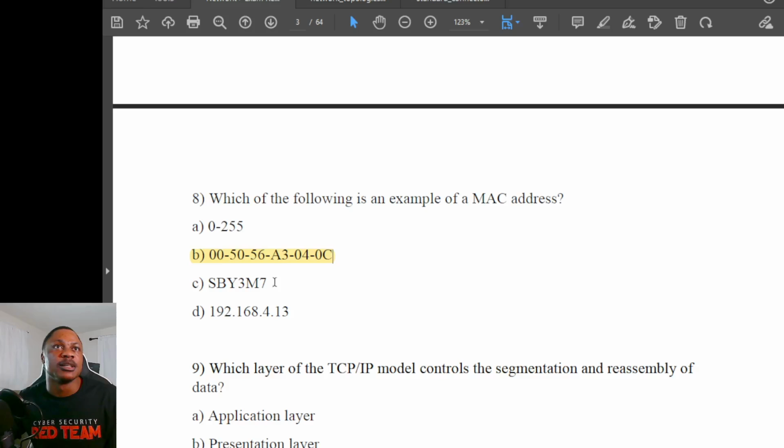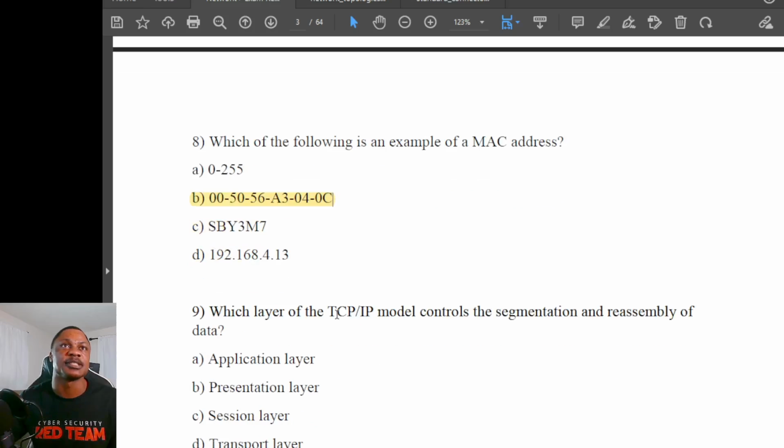That's in contrast with an IP address, like D, which is a 32-bit address, because using the same technique with the decimals here, 1, 2, 3, 4 times 8, that's 32. So an IP address is 32-bit, and a MAC address is 48-bit.